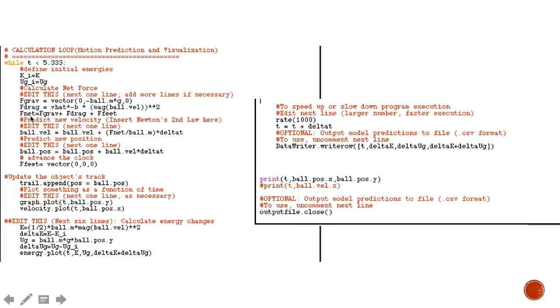Here I have my while loop, which is where I actually use physics equations to calculate information. So to calculate my net force, I have my force from the feet, which is an estimate that I made of the impulse that the person needed to jump off of the roof, the drag force, which I also estimated, and the gravity, which I know is negative the mass of the person times the gravity constant.